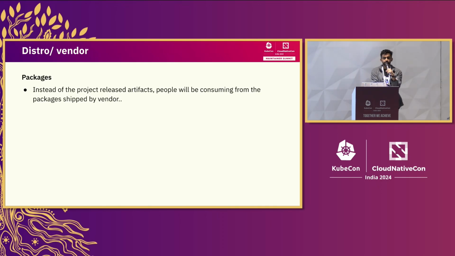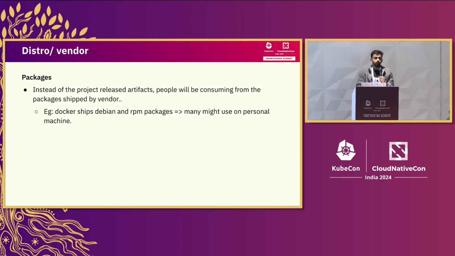On the packaging side, mostly when you use it, instead of the project release artifacts, that's earlier mentioned, like the binaries from the release tarballs, people will be mostly consuming the packages shipped by the vendor. So that's what I mentioned, you can just install from the Debian repositories and get those working. And even for containerd, Ubuntu maintains one package called containerd, and then there is another package that Docker maintains called containerd.io.